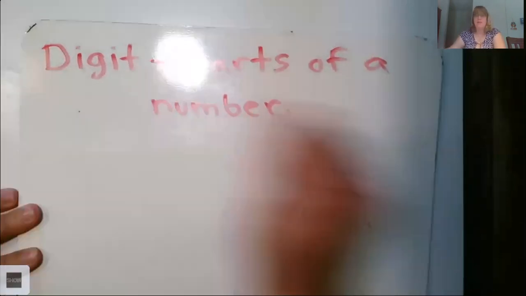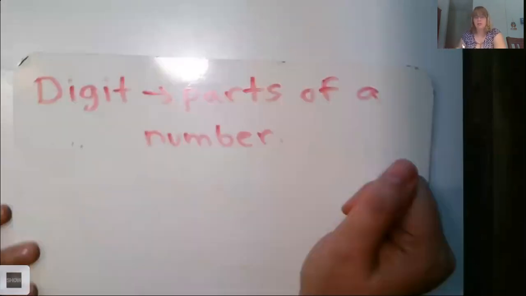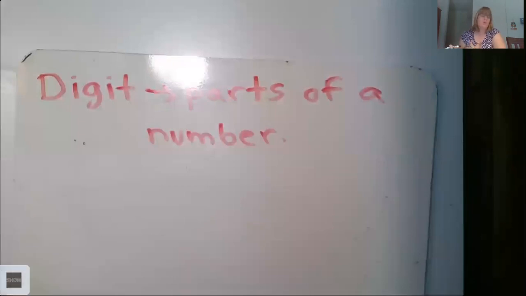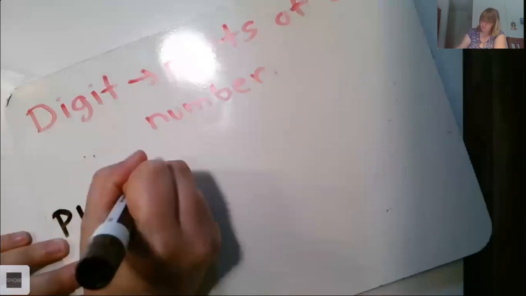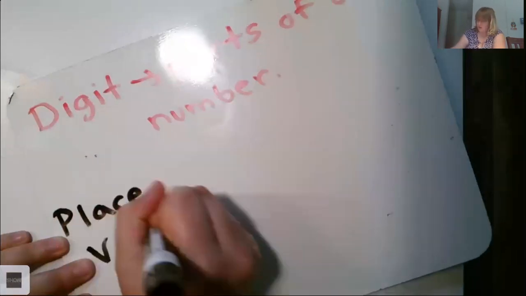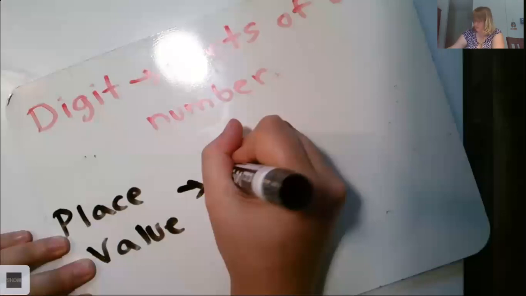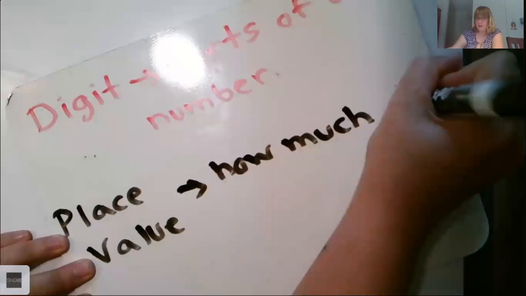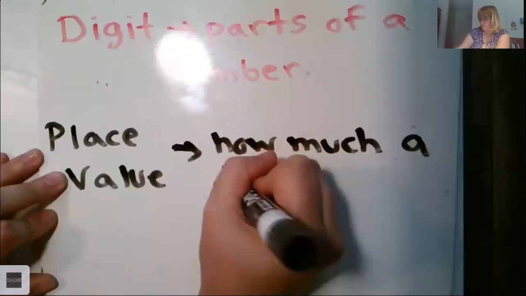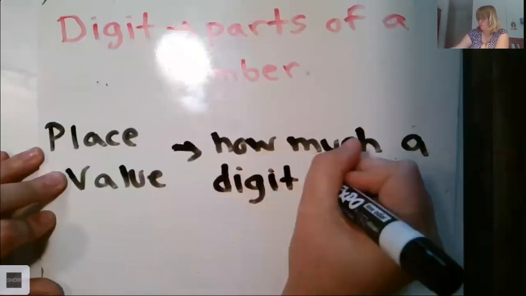Now, once we figure out our digits or our parts of our number, then we can worry about place value. So place value is how much a digit is worth.